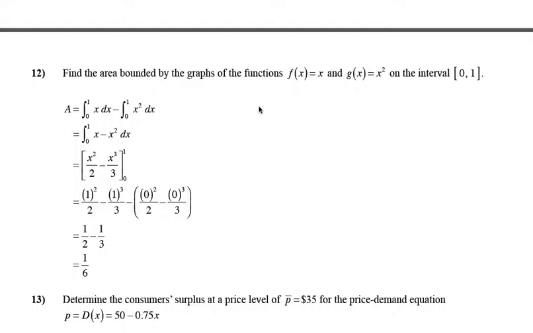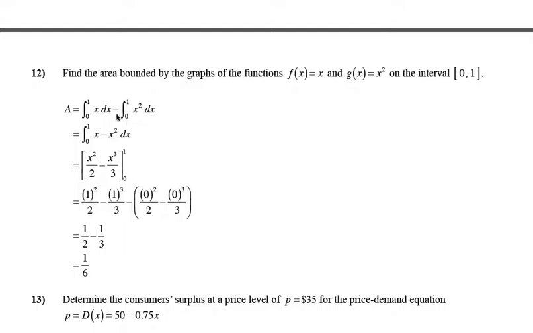So the area between the graphs of two functions on an interval is the definite integral of the first function, the upper function, evaluated on that interval, in this case 0 to 1, minus the definite integral of the other function, the function that is below, evaluated on the same interval 0 to 1.